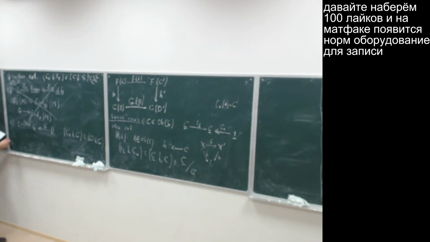Again, objects are pairs D and H, such that D is an object in the category D, and H is a map from C to G of D. If you look back at the definition that you have in the general case, this is what you have in this special case.